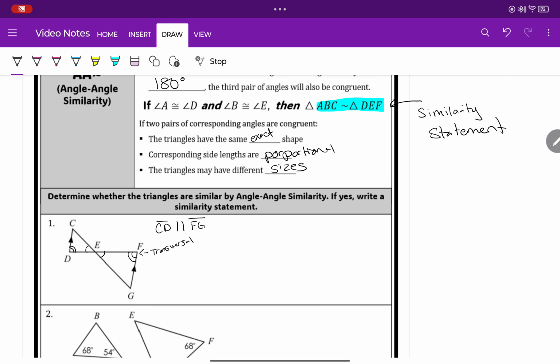And if I were to write it out as a statement, I would say that triangle CDE is similar to triangle GFE.